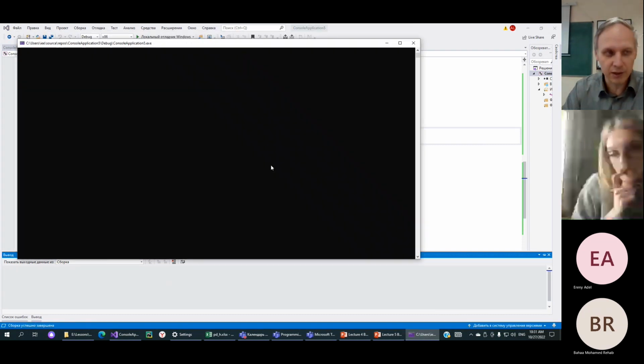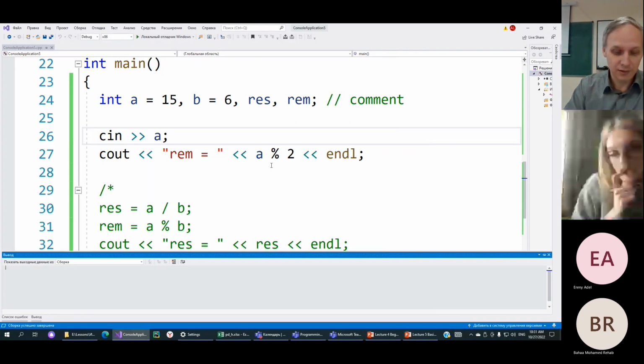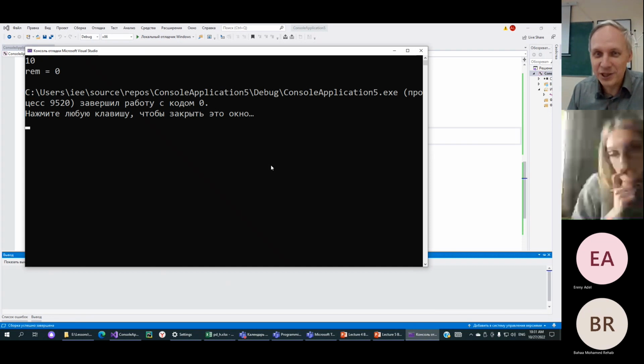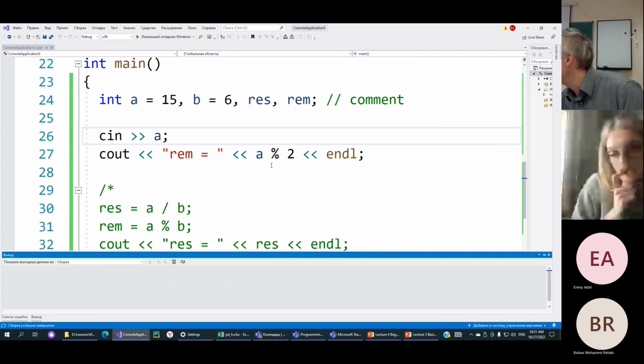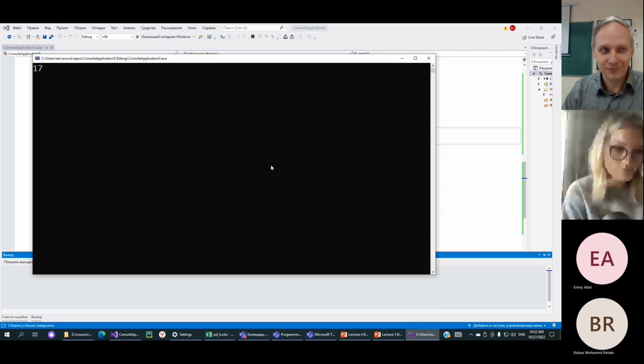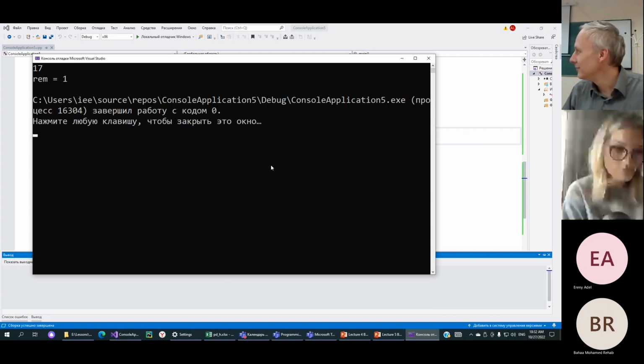Suppose that I enter 11. 1. 10. 0. But my question, can I see 3 on the screen? What number should I enter to see 3?